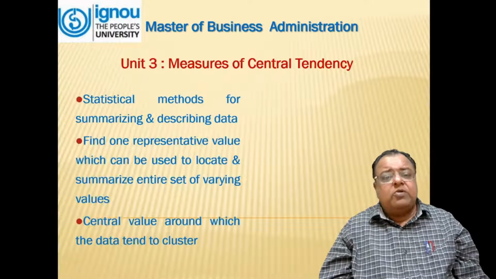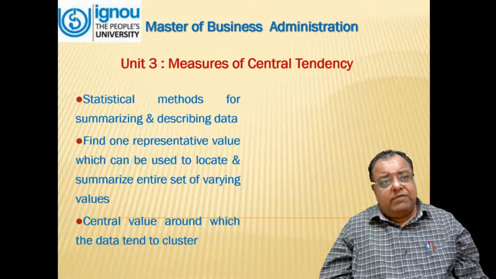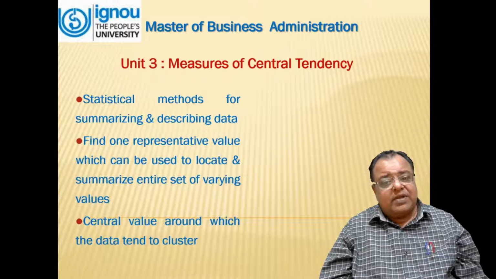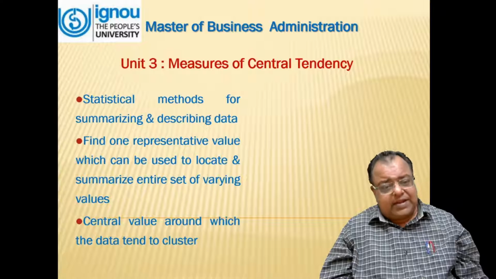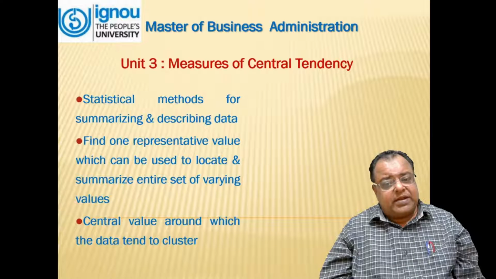Now, we move on to measures of central tendency. Here we will be using different methods for calculating mean, mode, median, quartile, etc. It is a statistical method for summarizing and describing data.